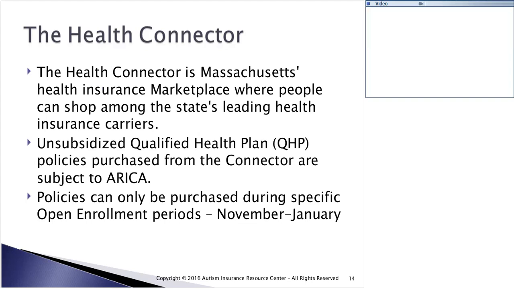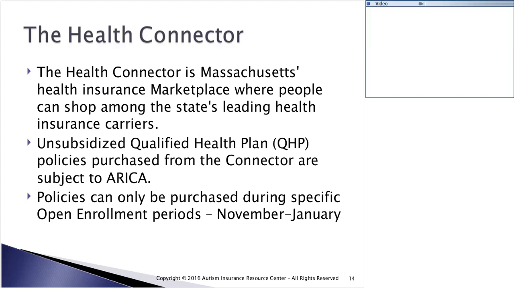So I keep talking about the Health Connector, and a lot of times people hear about it, and we see things on TV, and sometimes it's not good things if it's not working, but people don't always understand what this is and how it works. I'm just going to talk about what the Health Connector is since we utilize it. This is right from their website. It's the Massachusetts health insurance marketplace where people can shop amongst the state's leading health insurance carriers.